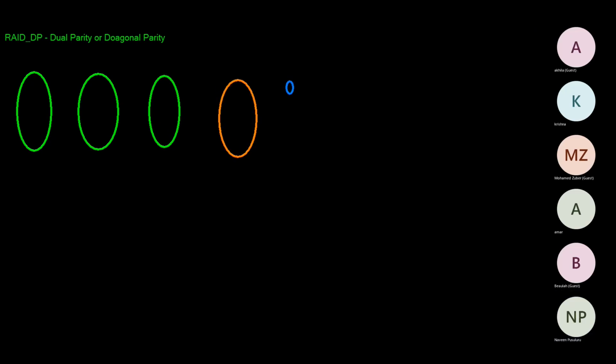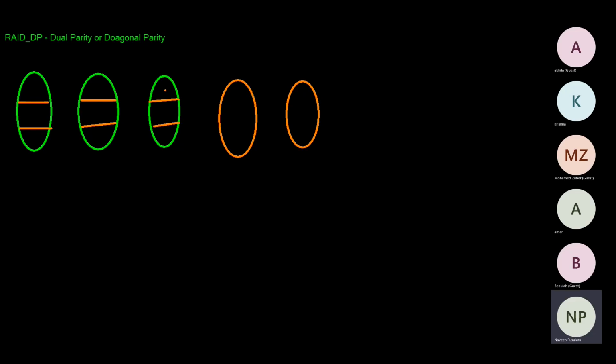When it comes to RAID DP, just taking a 5 drive example, let's assume that the ones in green are my data drives and the ones in orange are my parity drives.